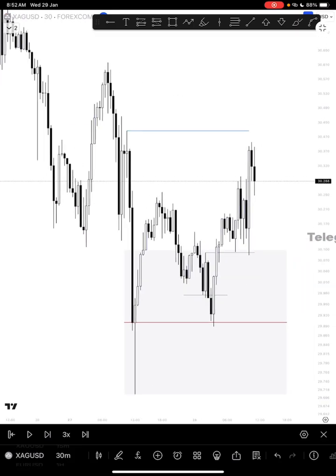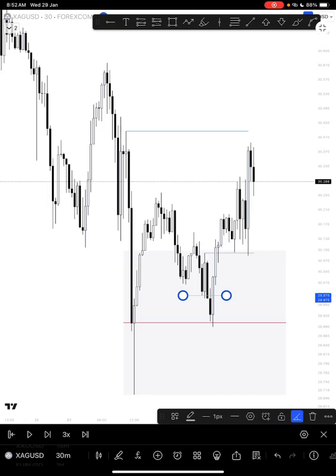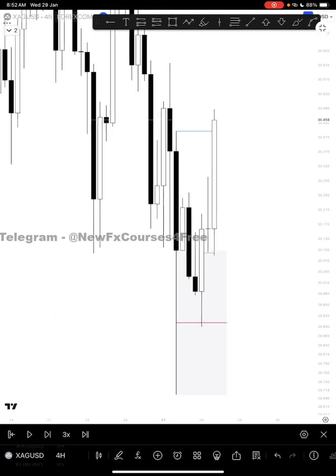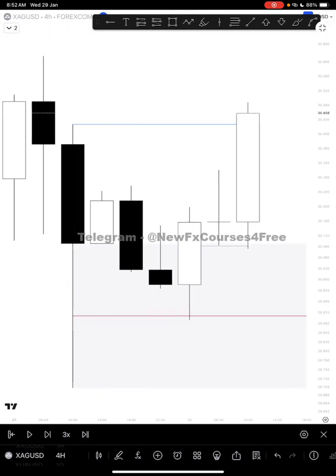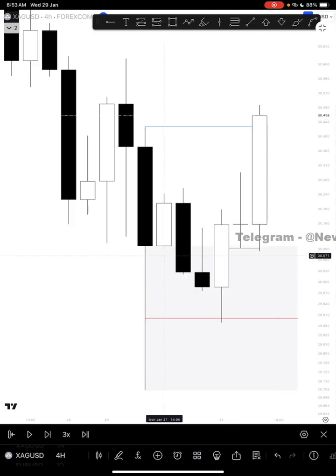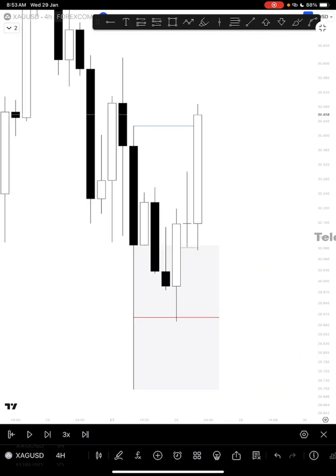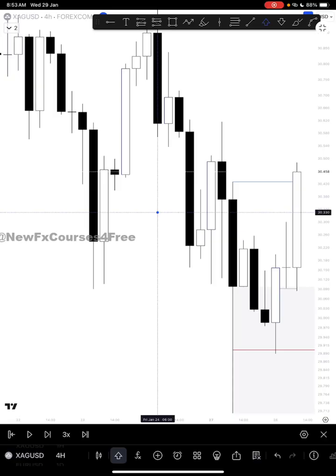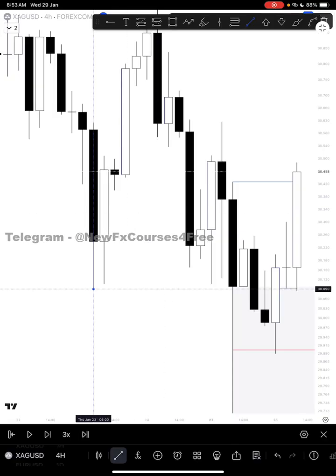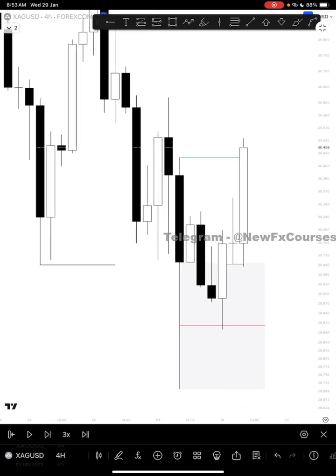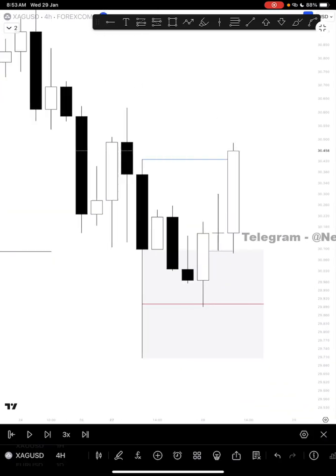So here we are on silver. So going into the 4-hour time frame, we got our rejection block here, this long wick here, which actually dug below an old low and closed back into the range.